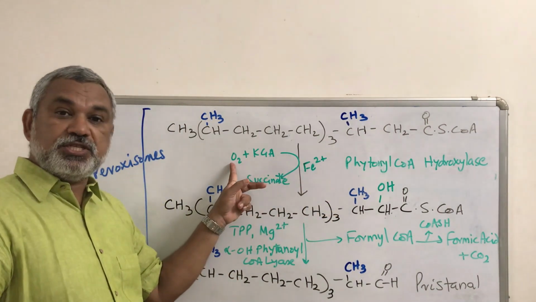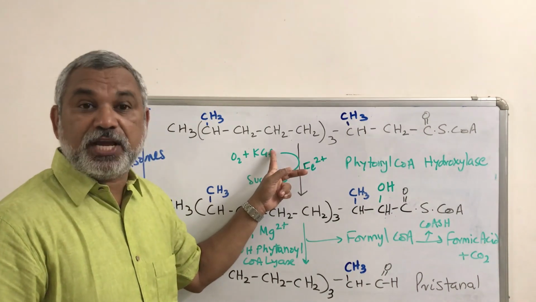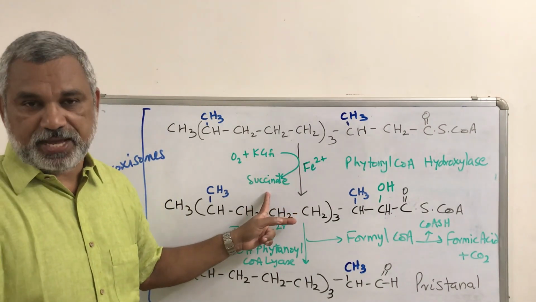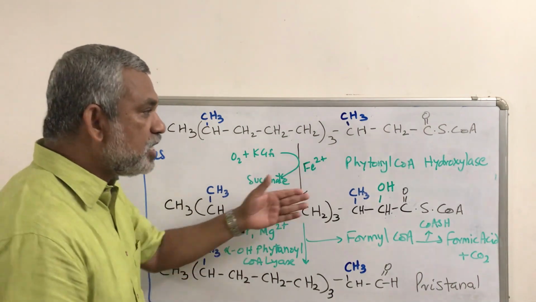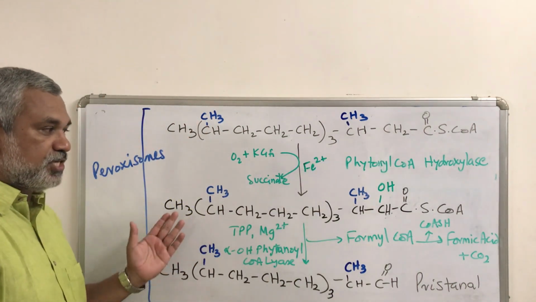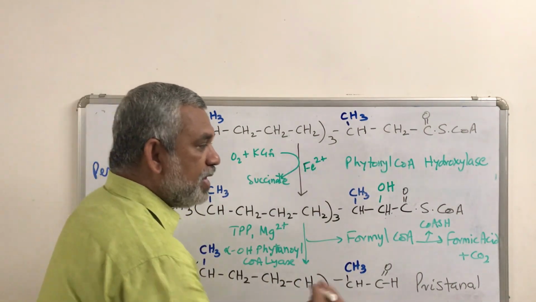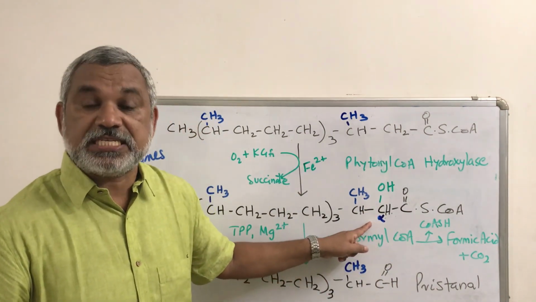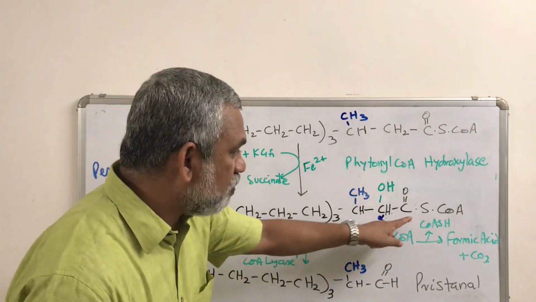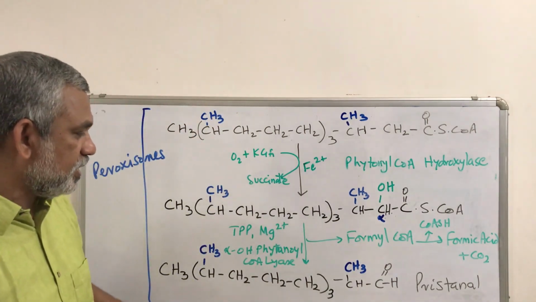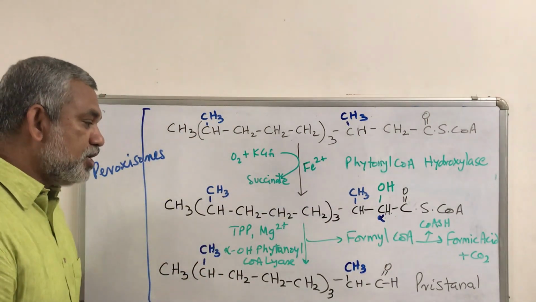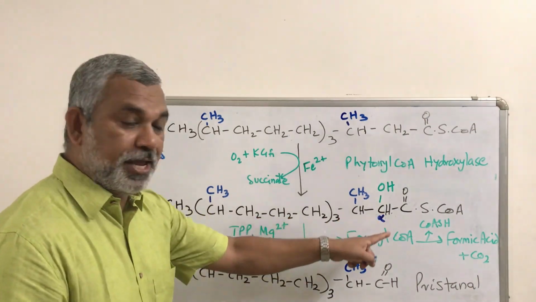It requires oxygen, and very specifically alpha ketoglutarate, and succinate will be removed from that. As a result of this hydroxylation reaction, a hydroxyl group is inserted at the alpha carbon atom. Once the hydroxyl group is inserted, this molecule becomes alpha hydroxy phytanoyl CoA.